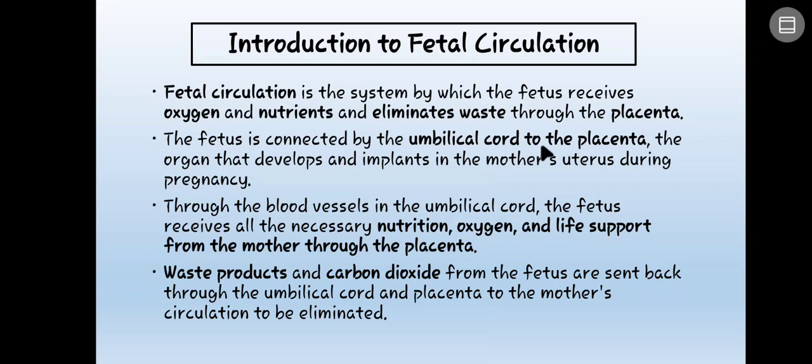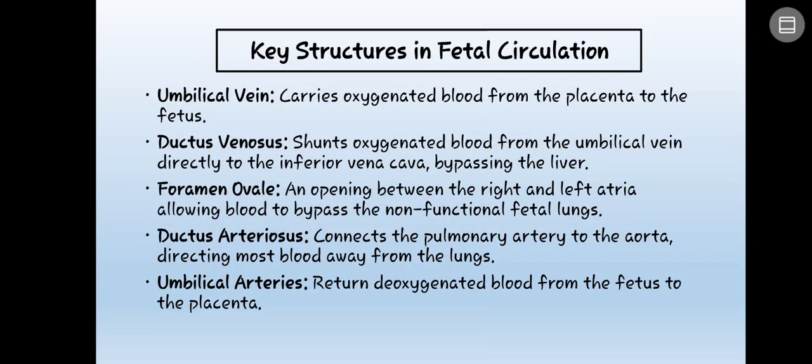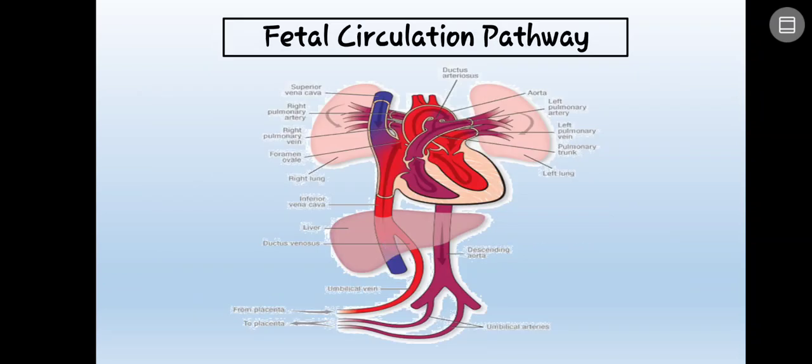As we move on, we are going to look at a lot of specialized features that are in place in the fetal circulation to facilitate the functioning of this system. We won't look at these key structures now. We'll move straight to the fetal circulatory pathway, then come back and look at these specialized structures and their function.